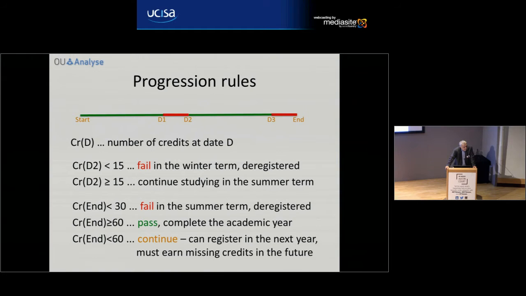At the end of the winter exam period, if they don't earn 15 credits, they must go. They are deregistered. If they earn more than 15 credits, they can continue. If at the end they get less than 30 credits, they fail. If they get 60 and more credits, they pass completely. And if they have 30 or more and less than 60, they are allowed to re-register at the university and try to earn the missing credits in the next years.